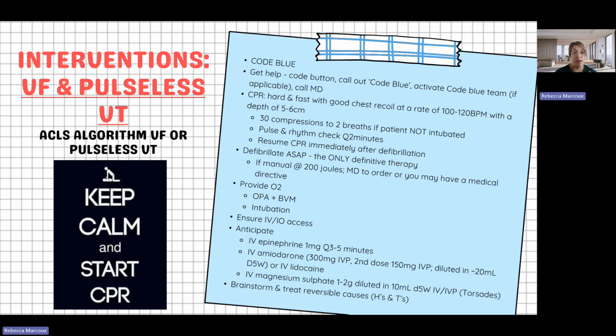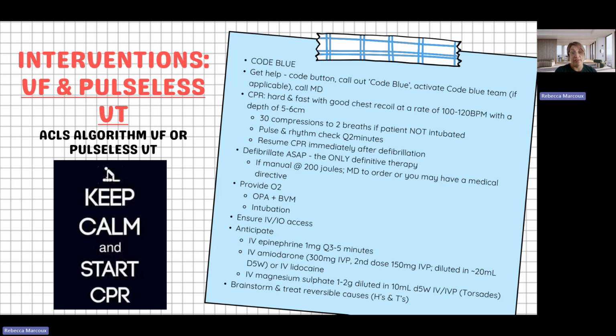We want to make sure it's hard, it's fast, we get good chest recoil. So we need a rate of 100 to 120 beats per minute with a depth of 5 to 6 centimeters. We usually do 30 compressions to 2 breaths if the patient is not intubated. If the patient is intubated, we switch to continuous CPR with a breath every 6 seconds.